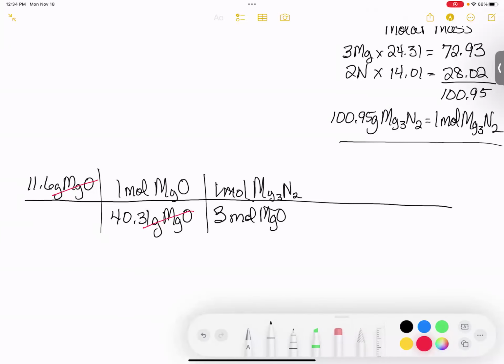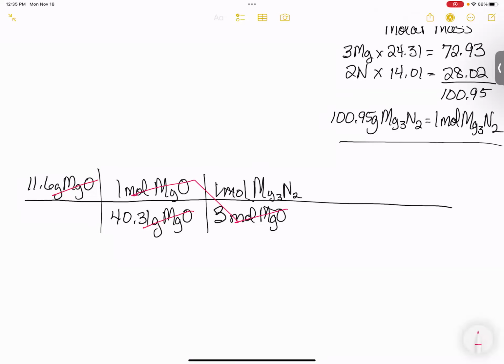The moles of magnesium oxide had to go in the denominator so that the unit and the substance would cancel out. Leaving moles of magnesium nitride.